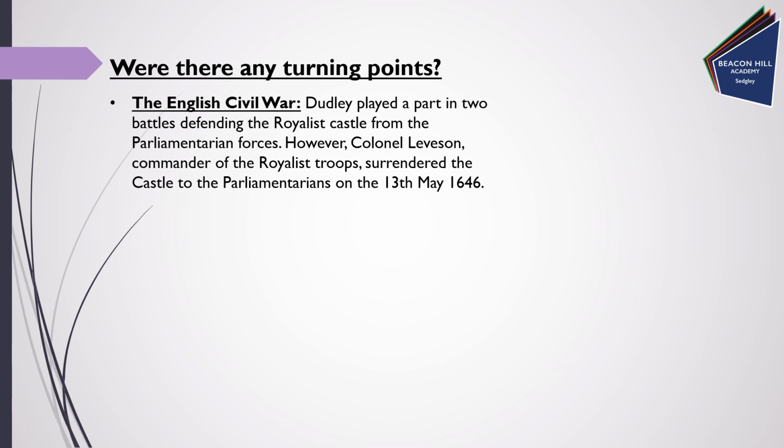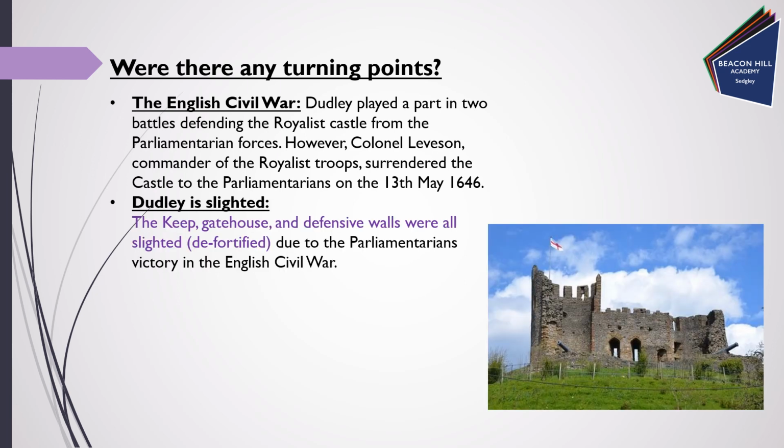And this leads to the turning point of the castle, which is that it is slighted, so defortified. So the keep, the gatehouse and the defensive walls are the physical features that you would need to refer to in the exam if you were speaking about this time period. And remember that they are slighted as a result of parliamentarian victory during the English Civil War.